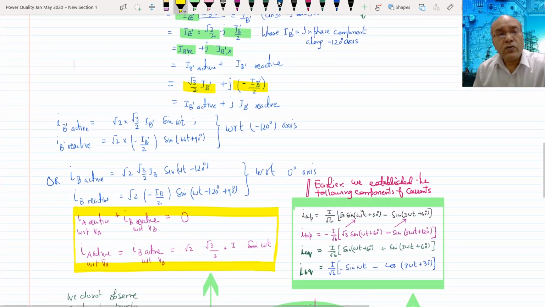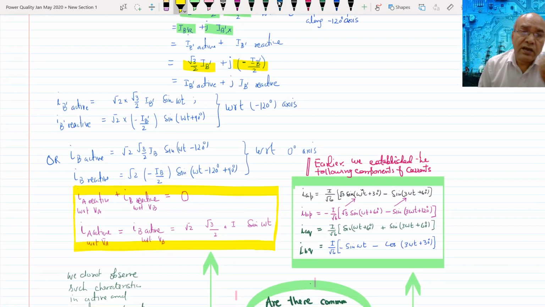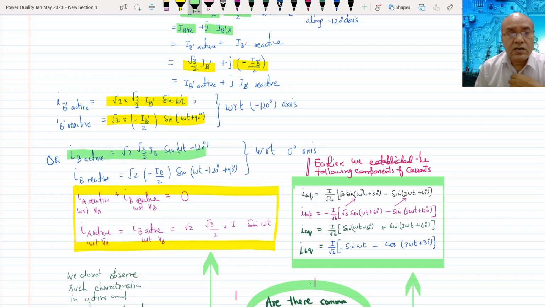Now, IB dash active, basically the active component of phase B current with respect to phase B voltage, is this one, and the reactive component of phase B current with respect to phase B becomes this one. So finally, we have phase B active this expression and phase B reactive this expression.